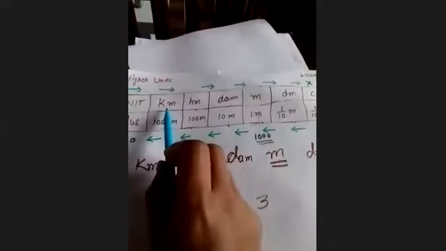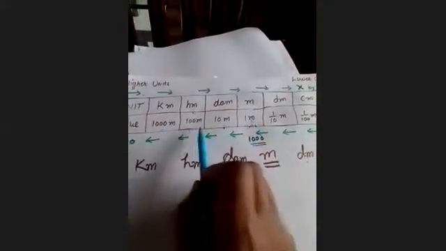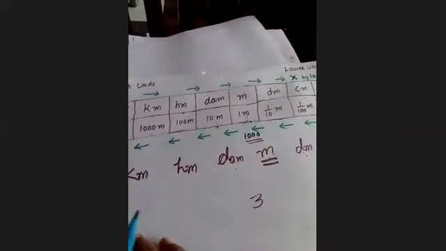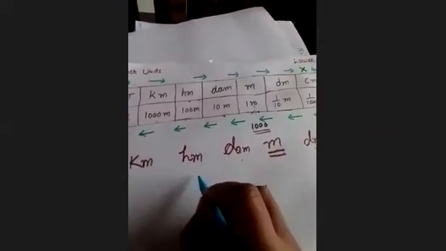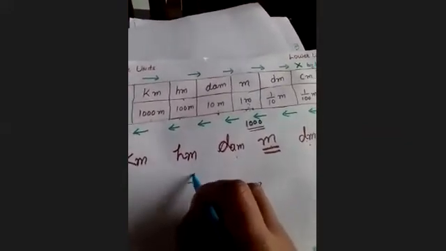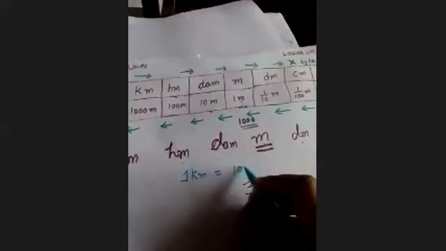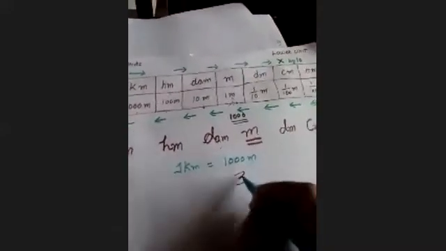When we convert kilometer into meter, we multiply by 1000. In other words, in 1 kilometer we have 1000 meters.